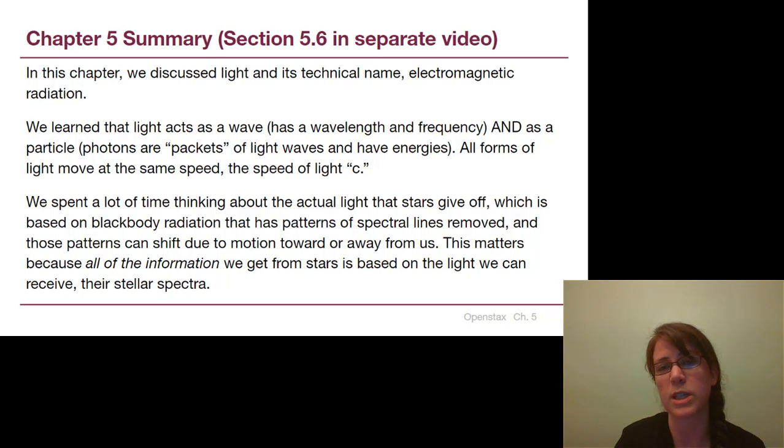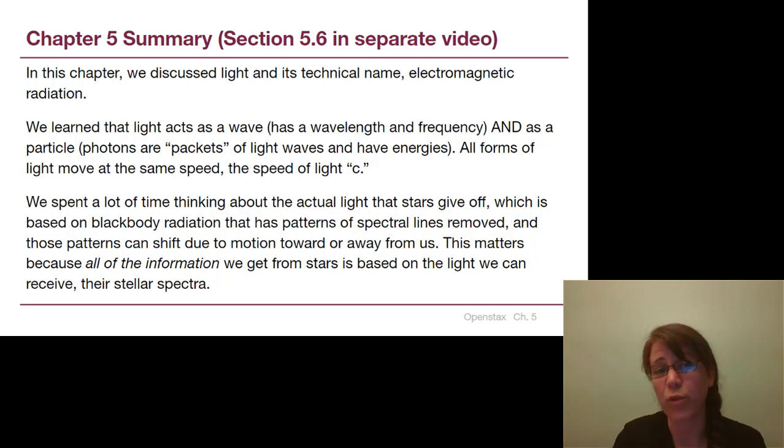Section 5.6 is a whole separate video. Doppler shift is a separate video that we're going to cover in the following week. So in general, in this chapter, we discussed at the very beginning light, what we mean by light, and its more technical name, electromagnetic radiation. We learned about the different types of light, that light acts like a wave.